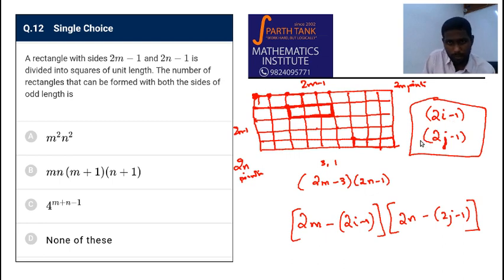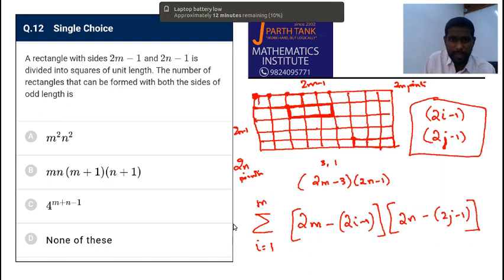So now the total would be the sum from i equal to 1 till n, because that would be the largest, and the sum over j from 1 to n. Let us complete this quickly.